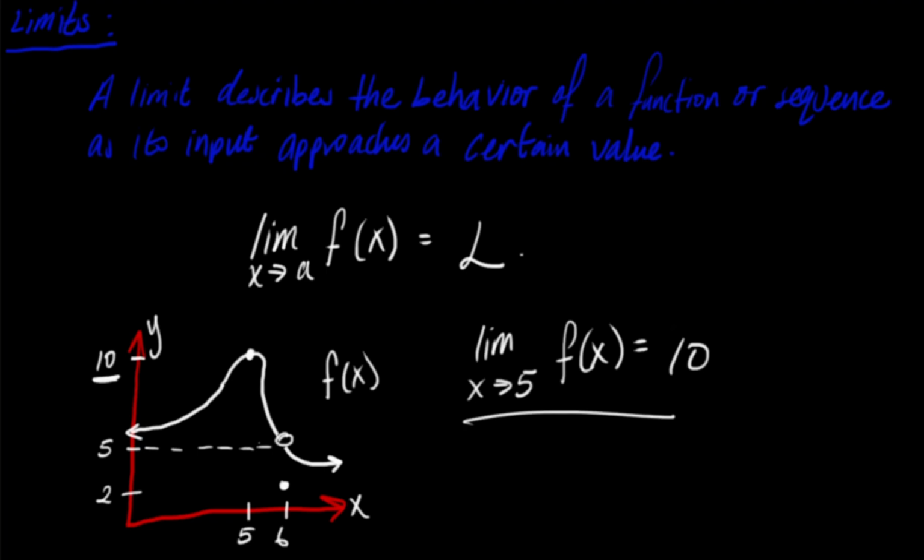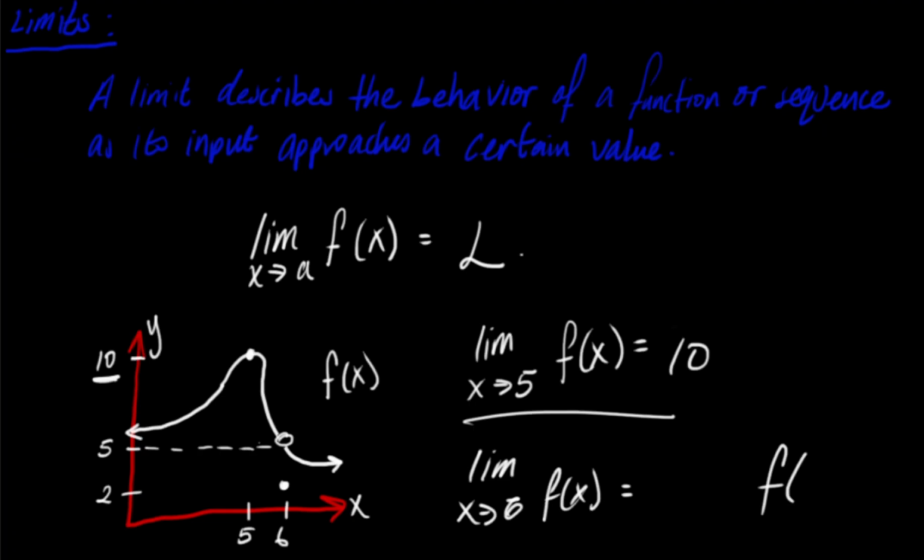And of course it is 6. So now if I say the limit as x approaches 6 of f of x is equal to what? A closed circle doesn't really mean that it's the limit. Because whenever you have a closed circle, it just means what is actually defined at that specific moment.